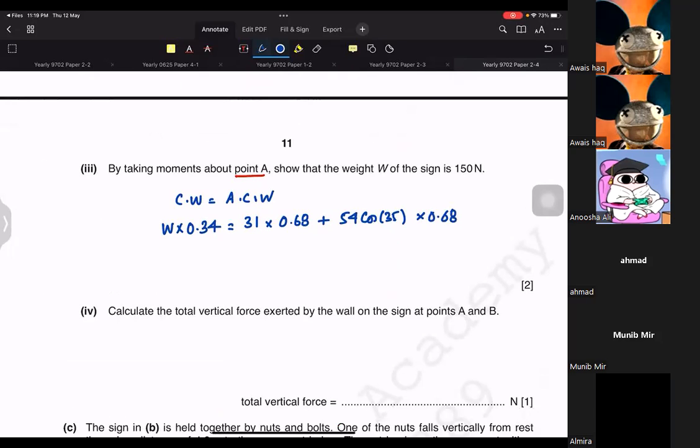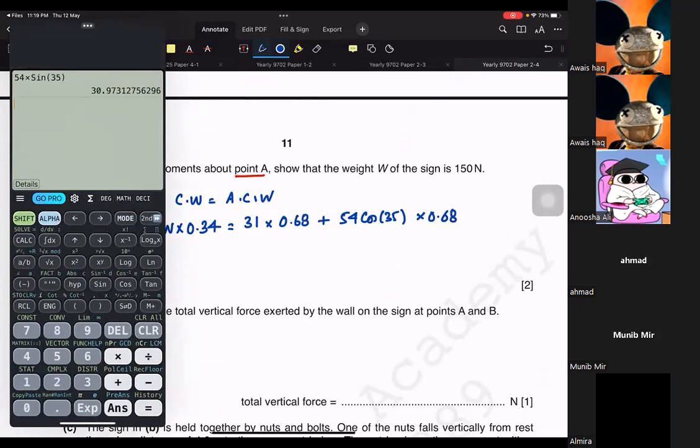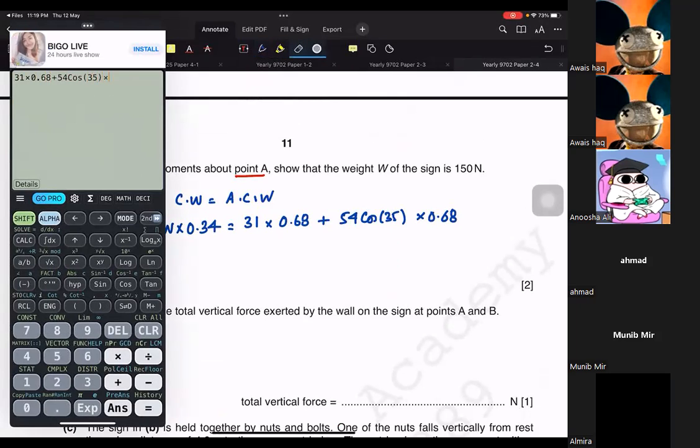Okay. Now let's do this. 31 plus 54 cos of 35 times 0.68, divided by 0.34. So that goes to exactly 150 newtons.